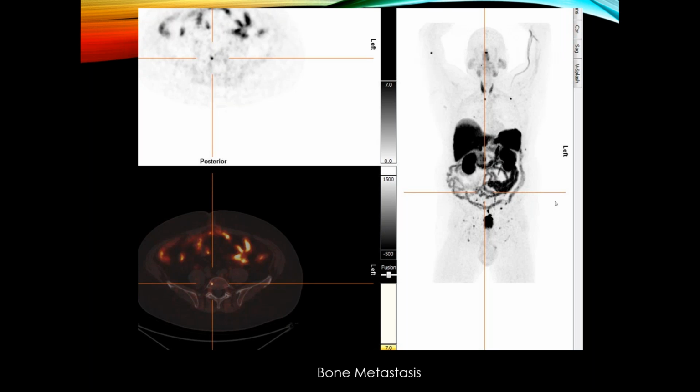And MRI tends to focus on a certain area, such as the liver or the abdomen pelvis, so it won't catch the chest, and we would miss the bone lesions. So DOTA-TATE gives you that whole body picture and is able to detect small lesions. This is quite a small lesion, and we can easily see it on our DOTA-TATE. So it's good for bone metastasis.